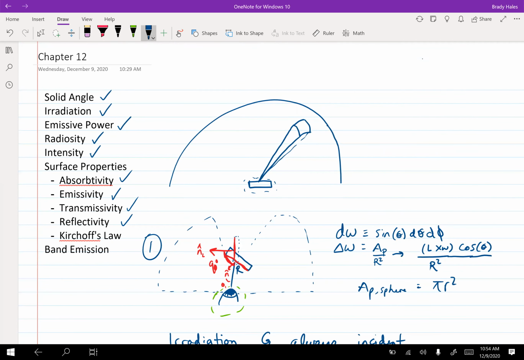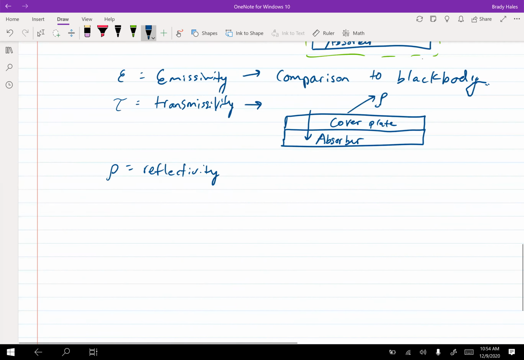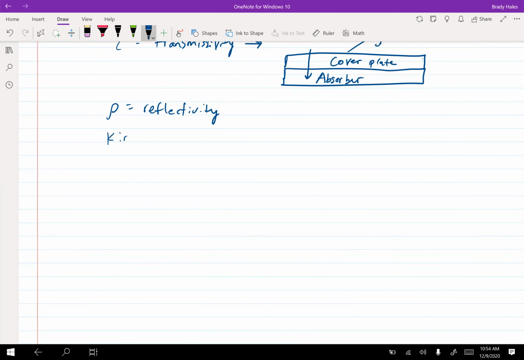Okay, so Kirchhoff's law, you should definitely know Kirchhoff's law for the test, right? So Kirchhoff's law is this. It says that the spectral directional absorptivity is equal to the spectral directional emissivity. Okay, I want to underline this because this is incredibly important.